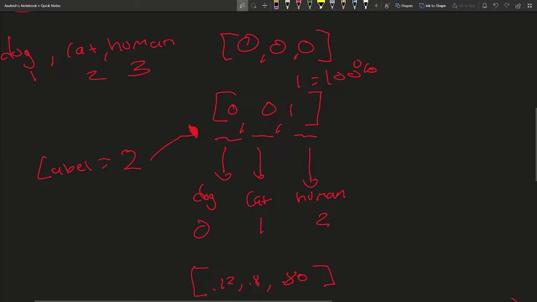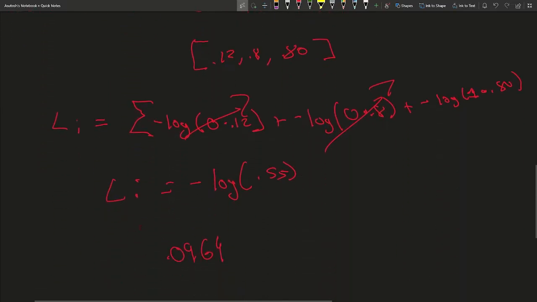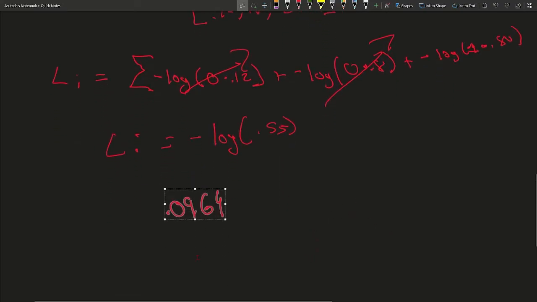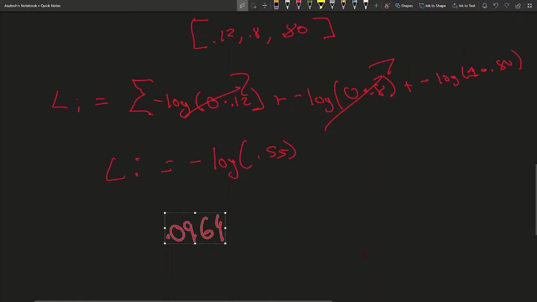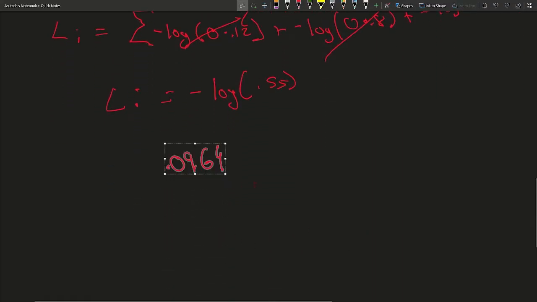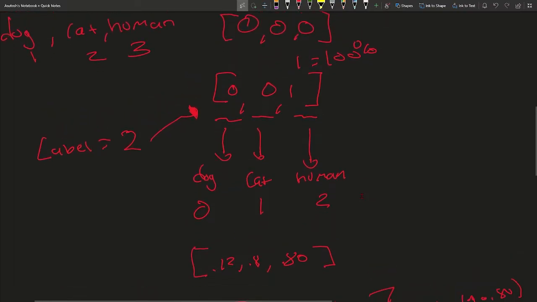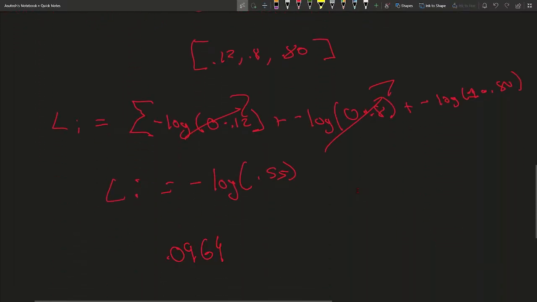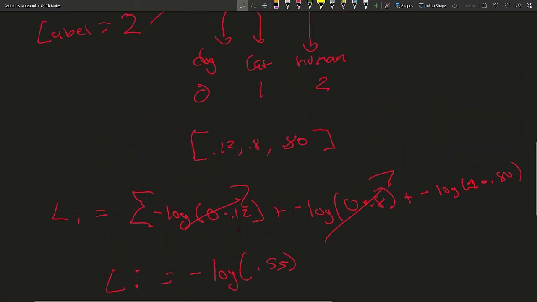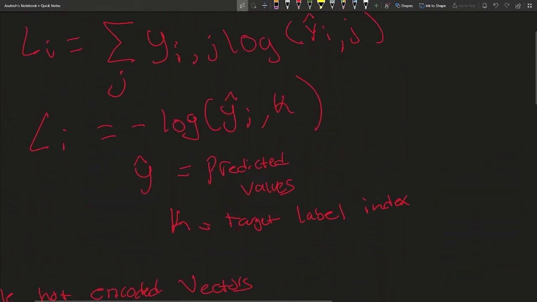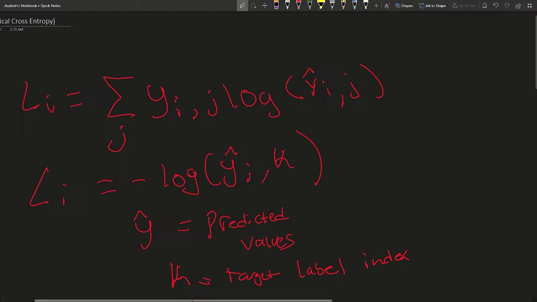It compared that to the 100% chance of the image actually being a human, and got a loss of 0.0969. After calculating this loss, the computer is going to use optimization to try to get this loss smaller and smaller by adjusting the weights and biases using some calculus. So that's how you get categorical cross entropy loss.